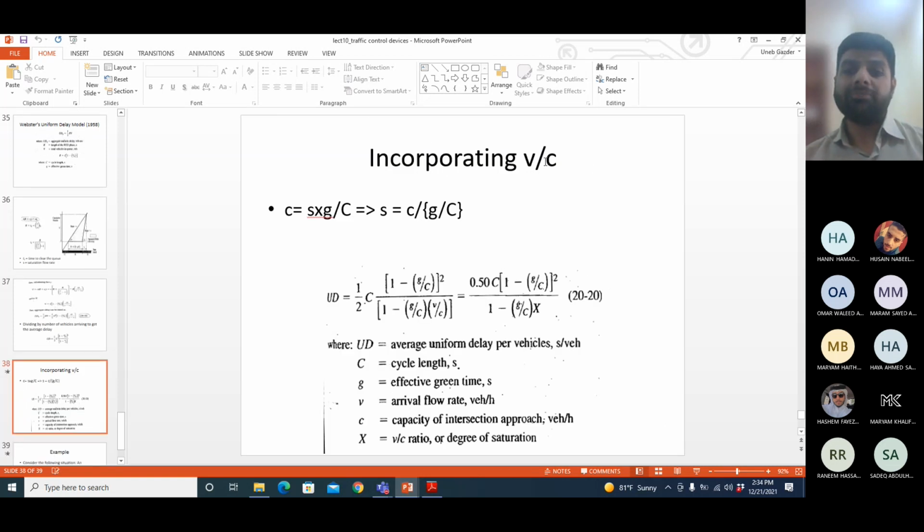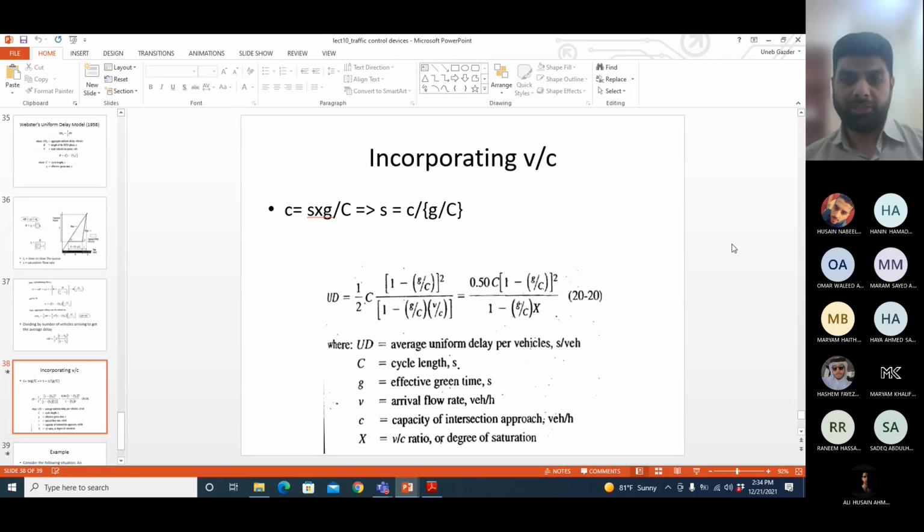Now we have a term which we call the V by C ratio, volume upon capacity ratio. We have used it in the equation of signal cycle design, and earlier when we were calculating the delay for roundabouts.